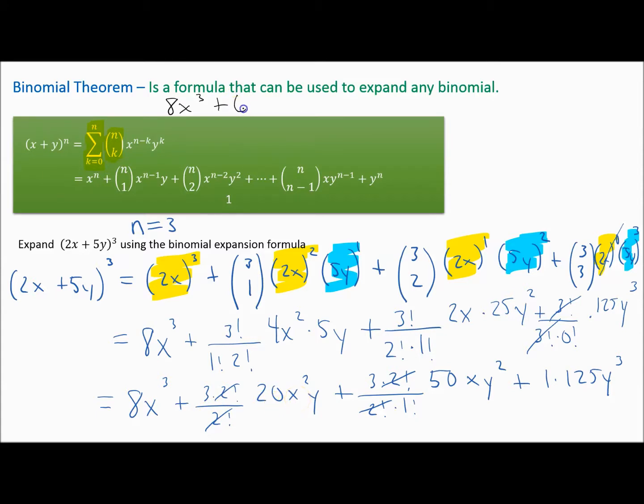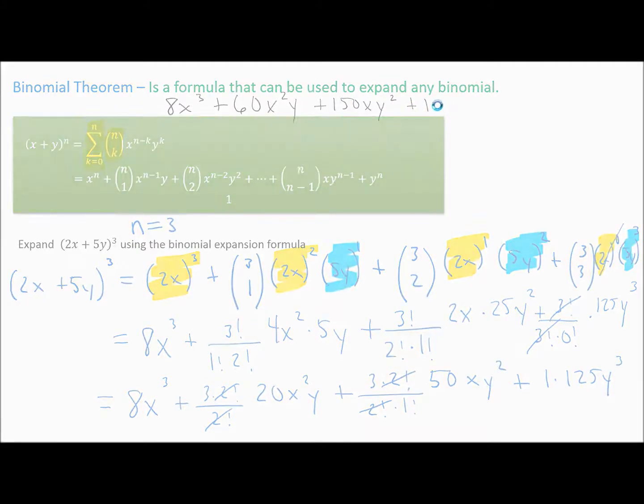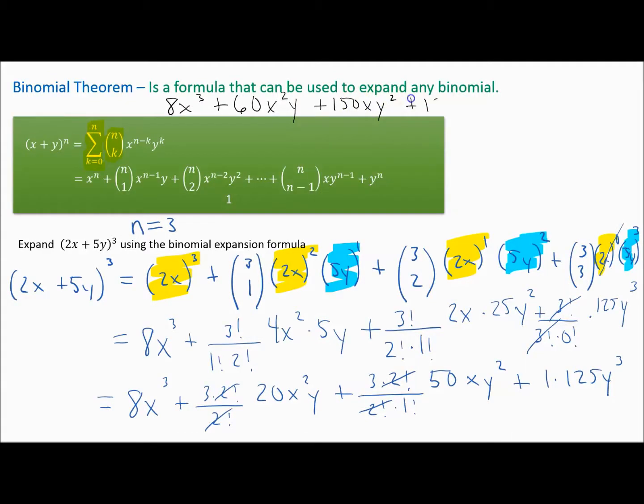So that's 60x squared y plus 3 times 50 is 150 xy squared plus 125 y to the third. And that is my final answer.